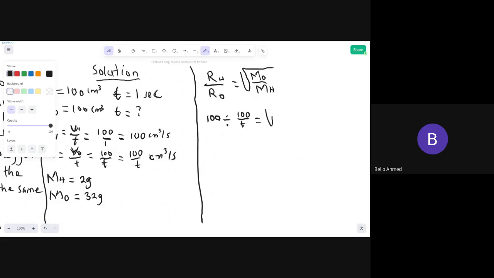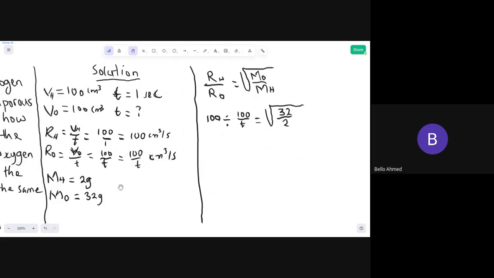So the square root of the molecular mass of oxygen is 32, divided by the molecular mass of hydrogen, which is 2. Remember, we are just substituting all the values that we have, and that is what we have substituted. What remains is for us to solve the problem.